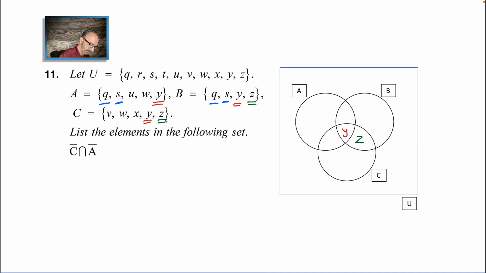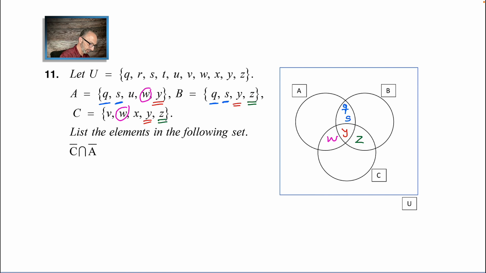So I'm going to write here Q and S. Between A and C, we could see that we have W in common. So I'm going to write W right here. Now, what's in A that was not mentioned at all is this U. So that's going to go right there.